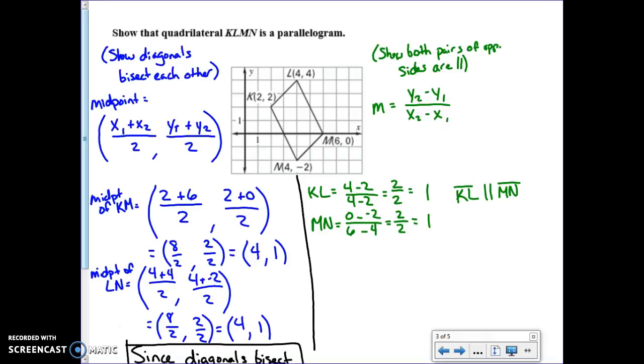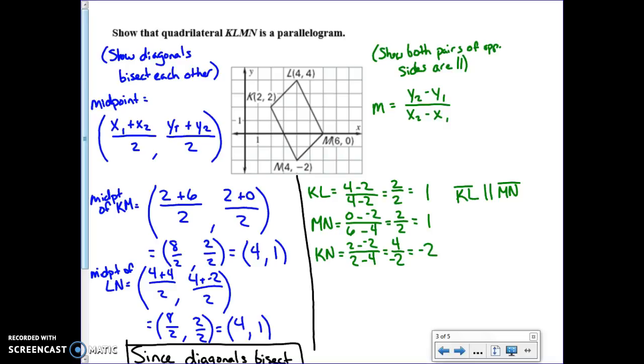Now let's try KN. So subtract the y's, I get 2 minus a negative 2. And then subtract the x's, I get 2 minus 4. So 2 minus a negative 2 is 4. 2 minus 4 is negative 2. So I have 4 over negative 2, which is negative 2.